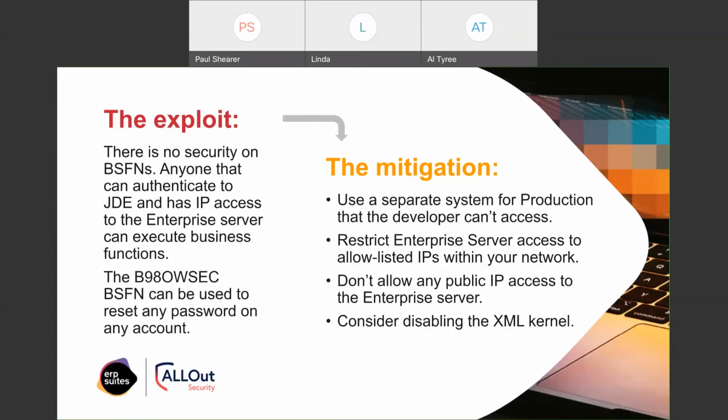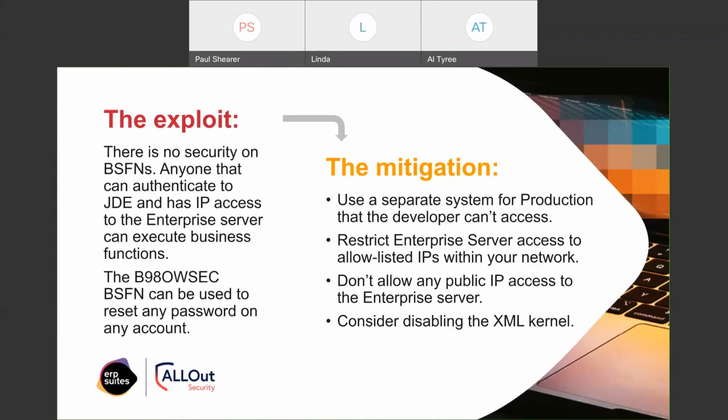An example would be the B98 OWSEC business function, which can be used to reset the password of any account. They can then use that password, log into the system, and do whatever they want within JD Edwards, having the elevated permissions of those particular users.